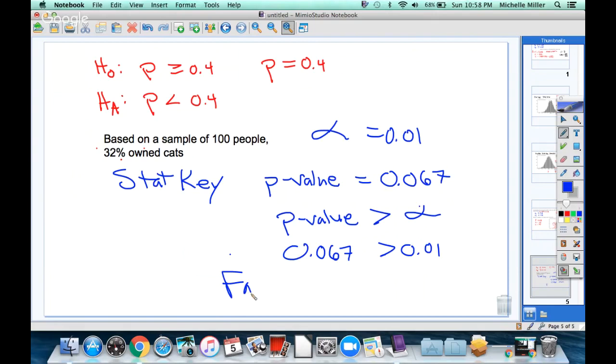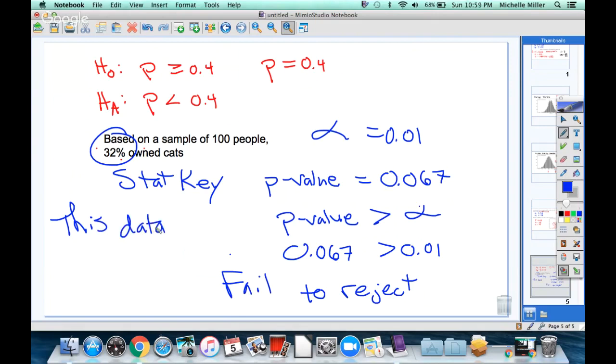So this means we fail to reject, because this data is not unusual. This data is not unusual. It's close enough to what was expected.